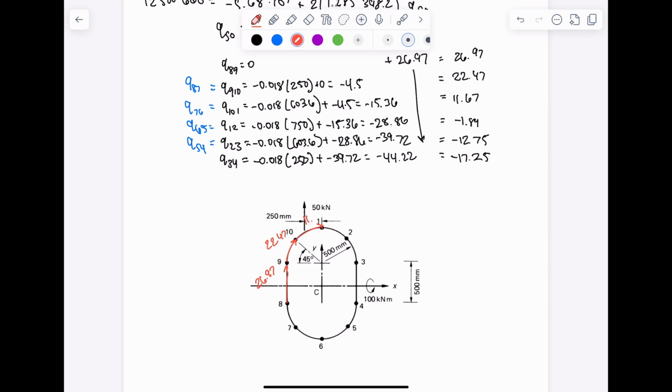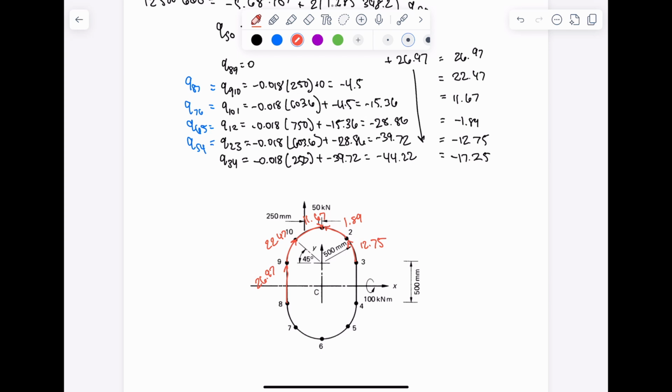From 10 to 1 is 11.67. From 1 to 2 is negative, so just go the other way. From 2 to 1 actually is 1.89. From 2 to 3 is negative, so it goes the other way, 12.75.